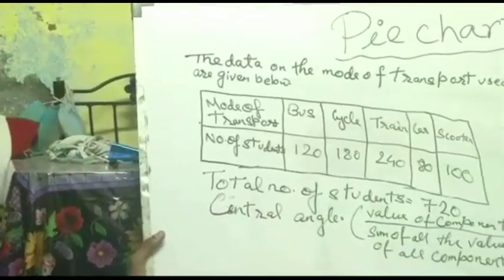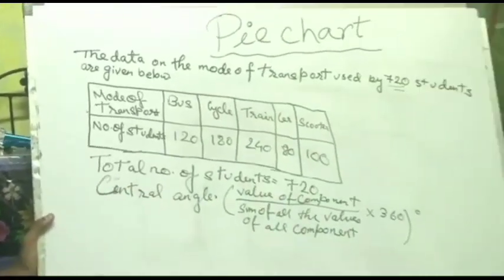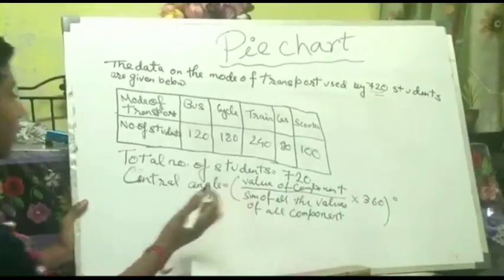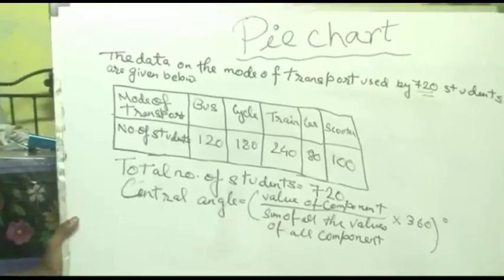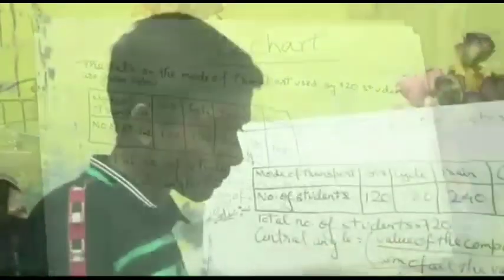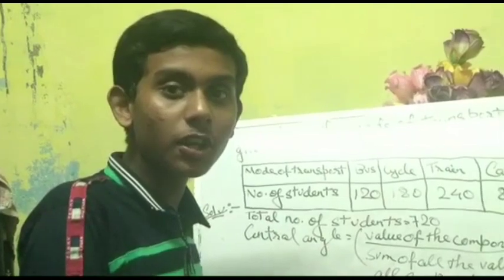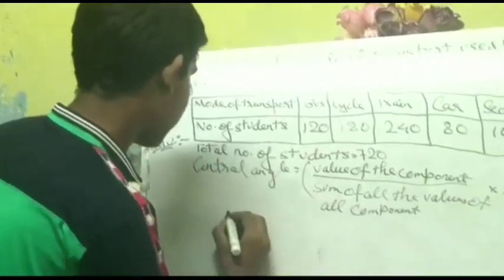So after doing this, we have to draw one box and make 3 columns in it. See.